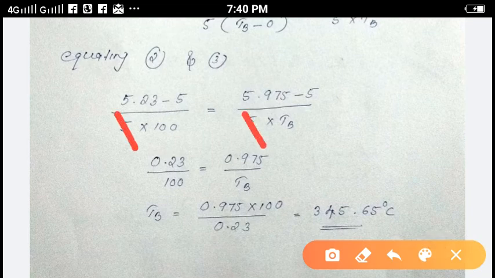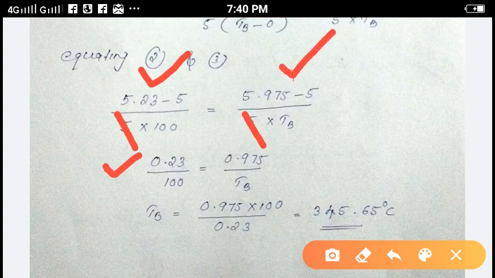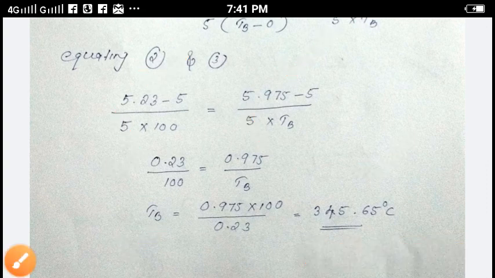Then we can write 5.23 minus 5 is 0.23 divided by 100, equal to 5.795 minus 5 is 0.795 divided by TB. Or TB we can write 0.795 into 100 divided by 0.23. We will get the answer as 345.65 degrees Celsius.